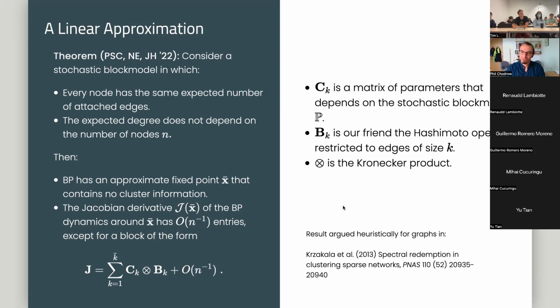We actually also use this assumption when proving the theorem that I put up here in order to get this linearization result, and in order to prove that the other entries of the Jacobian are negligible as n grows large, you also need to make these sparsity assumptions.